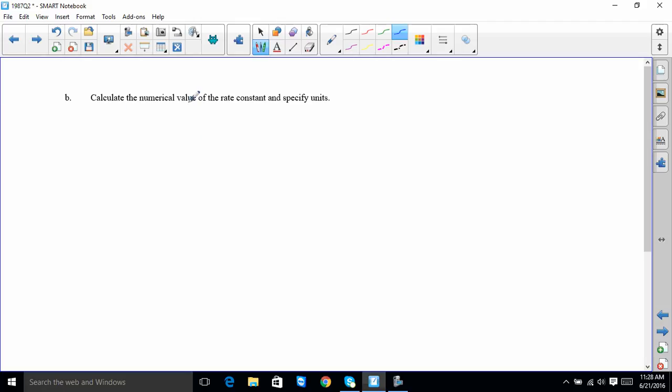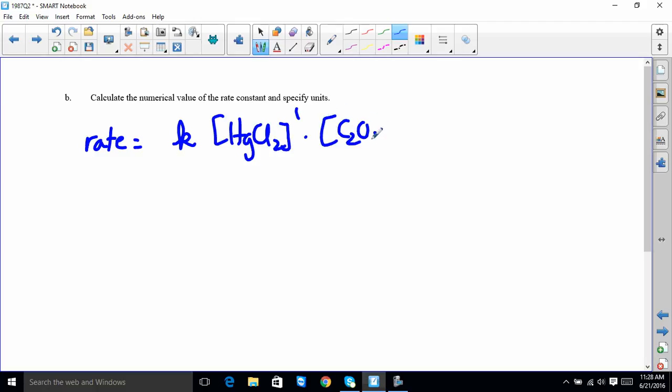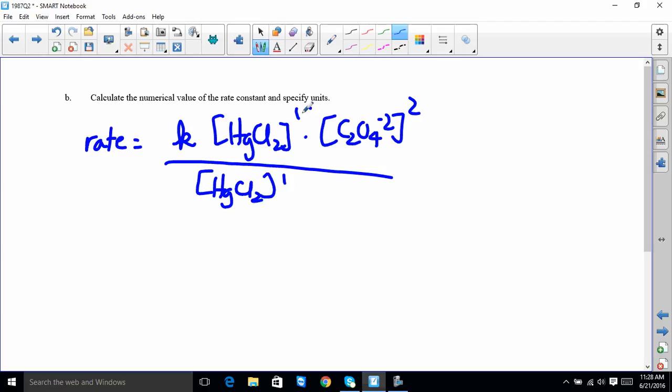Then B says, calculate the numerical value of the rate constant and specify units. So if I take my answer for A, which is rate equals K times the concentration of HgCl2 to the first times C2O4 minus 2 to the second, and we solve this for K, we would divide both sides by the same thing, because this would cancel this, and then this would cancel this.